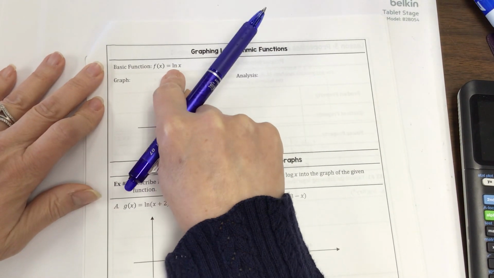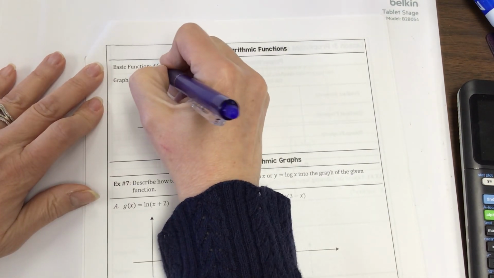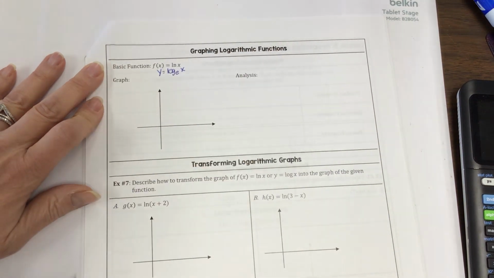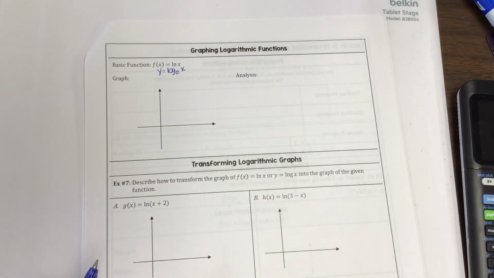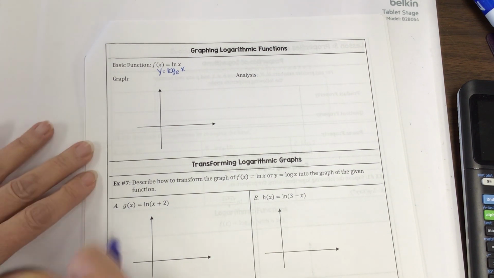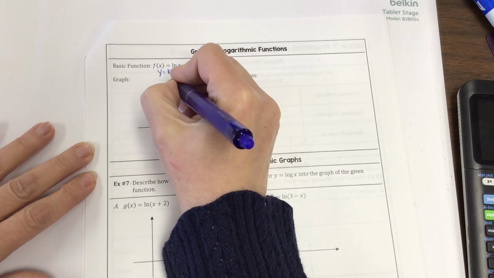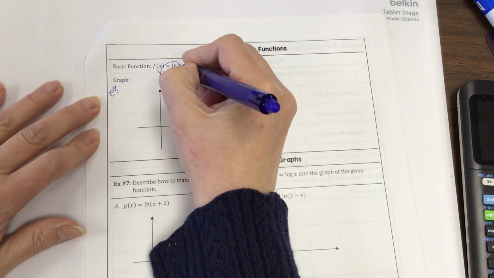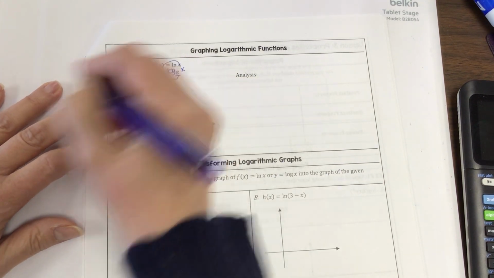Remembering that this is the same thing as log base e, correct? Natural log and log base e are the same, yes? So there's two ways of thinking here. You could change that to exponential form to graph it, meaning we could take e to the y power, and that would equal x, right?